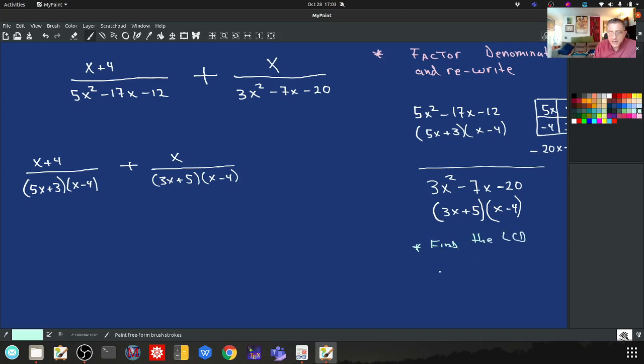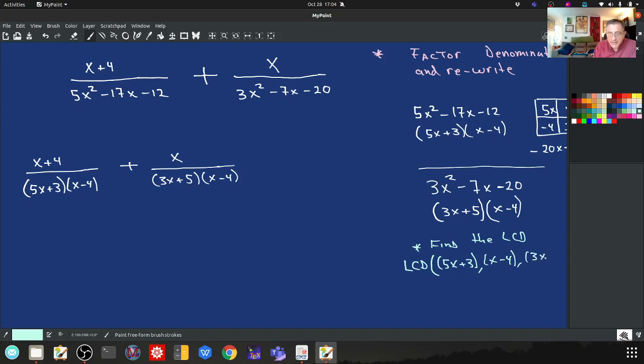LCD of the denominators. So I want to find the LCD of 5x plus 3, that's prime, x minus 4, and 3x plus 5.